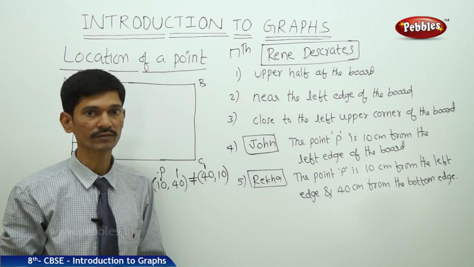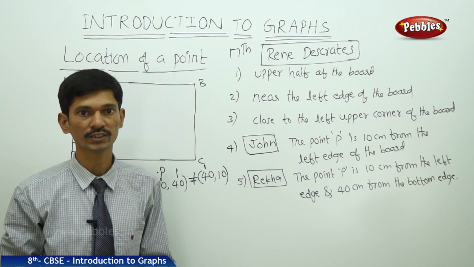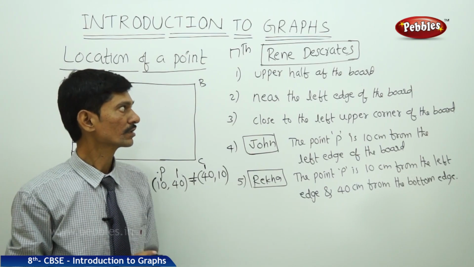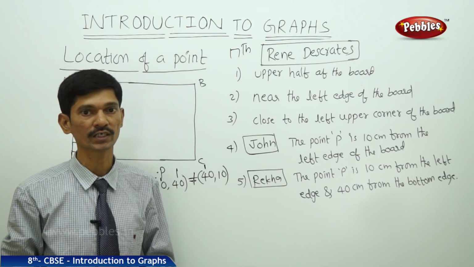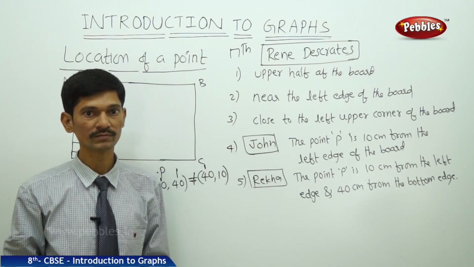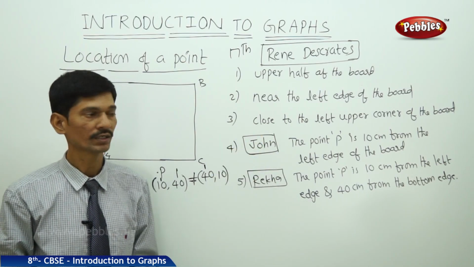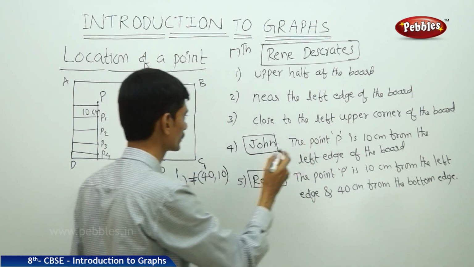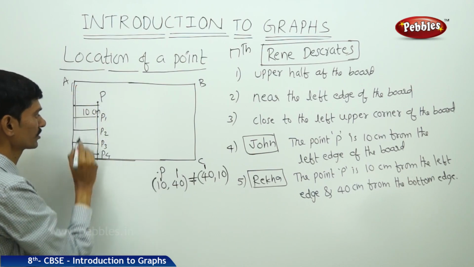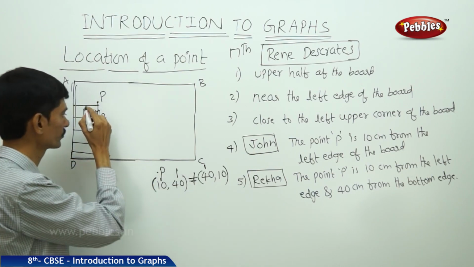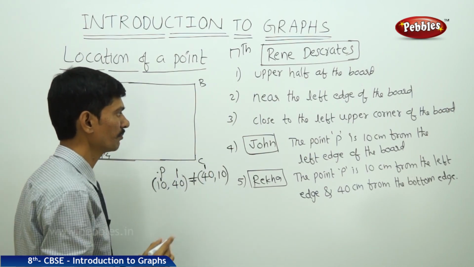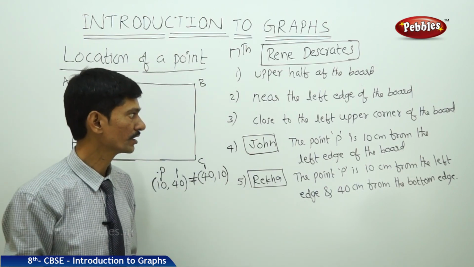Then he began to think of determining the position of a point in a plane. His system of locating a point with the help of two measurements, vertical and horizontal, is named the Cartesian system in his honor.